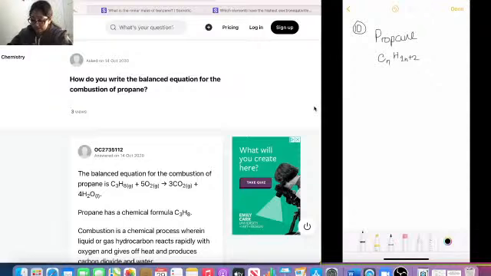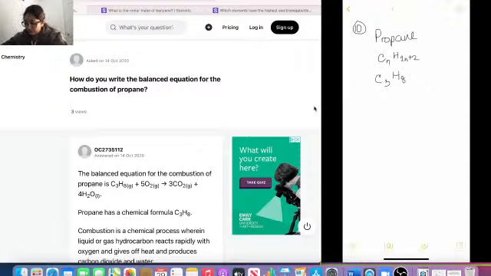When it's only single bonds, right? We're dealing with propane, not propene or propyne. And so in this case, we can use this formula, and prop means you have 3 carbons. And to find the number of hydrogens, you just do 3 times 2, which is 6, plus 2 is 8. So this is your chemical formula for propane.